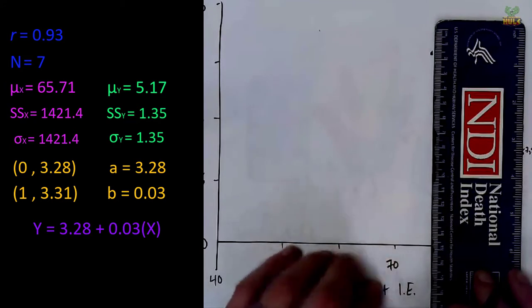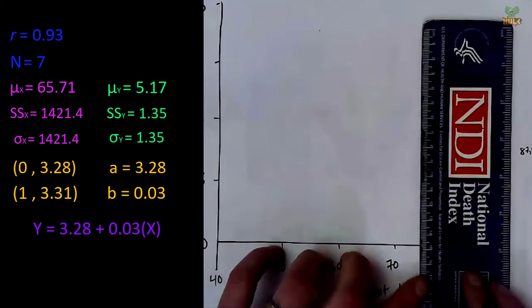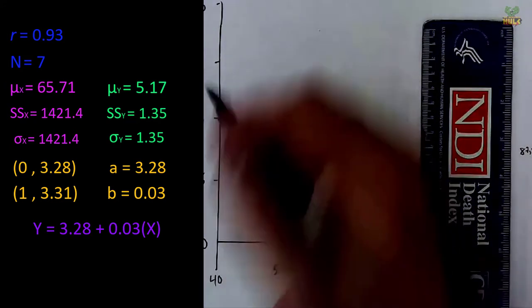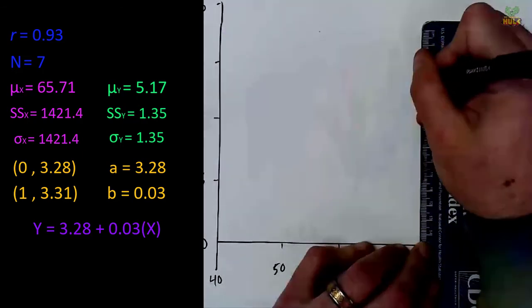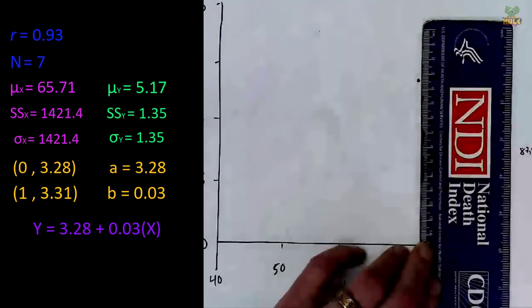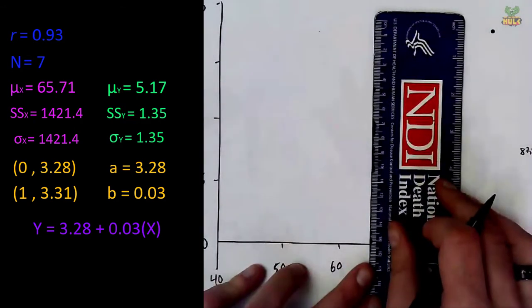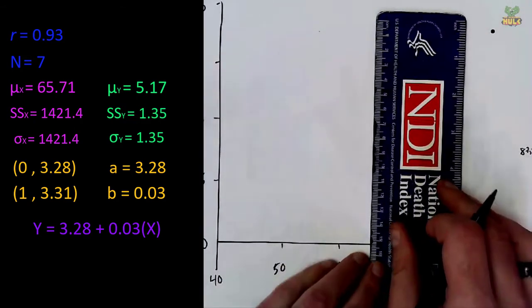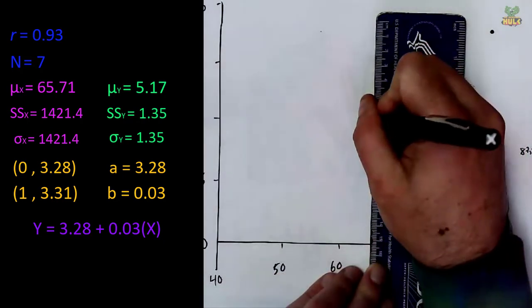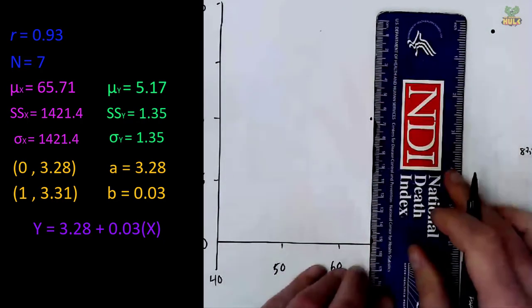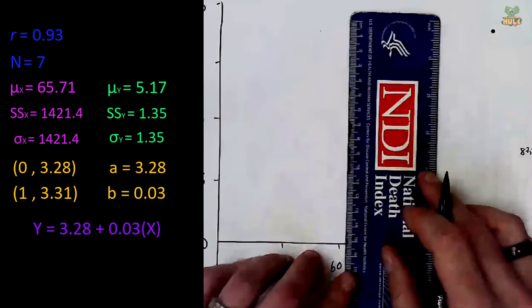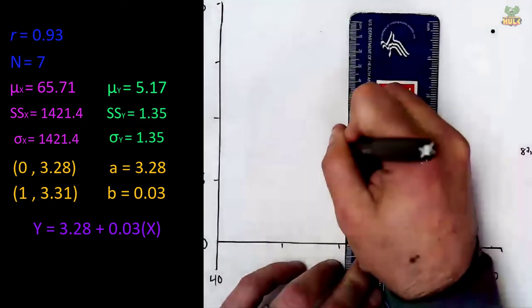And we'll place a dot right there. Next one is 75 and 5.4. So we just go a little bit down. Same here, we just go a little bit down. Next we got 66 and 5.03. And then 61 and 4.76.